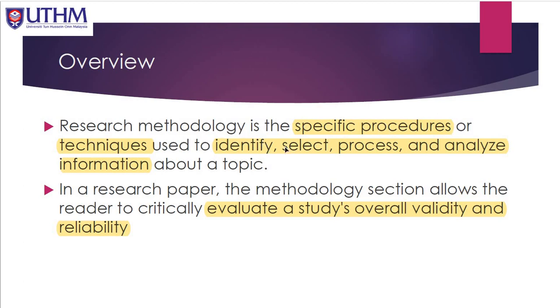Methodology is the specific procedure or technique used to identify, select, process, and analyze information about a topic. In a research paper, the methodology section allows the reader to critically evaluate the study's overall validity and reliability. It means that in a good research paper, a good journal, for example a Q1 paper, you are able to reproduce the same result because the explanation is very good and all the details and parameters are very clear.